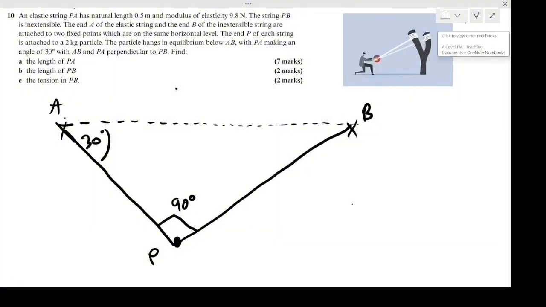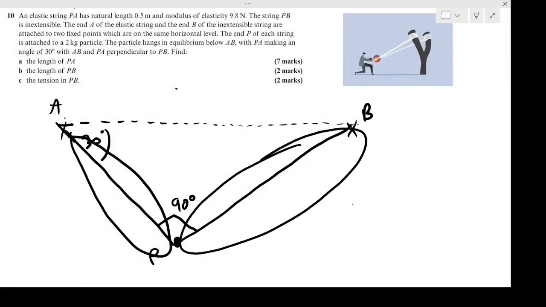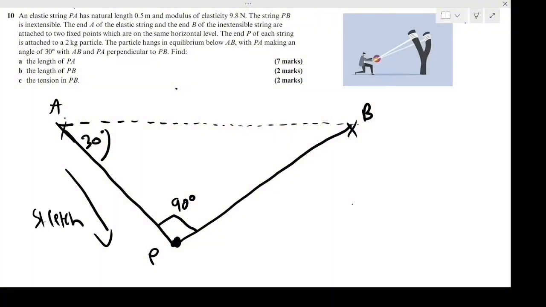Okay, now in terms of forces, again, as I said, we've got two strings, PA and PB. These two sides are the strings, okay? Now, firstly, PA. As you can imagine, like a slingshot, the string is being stretched down in this way towards P, if we start at A, which means the tension is going to act up like this.